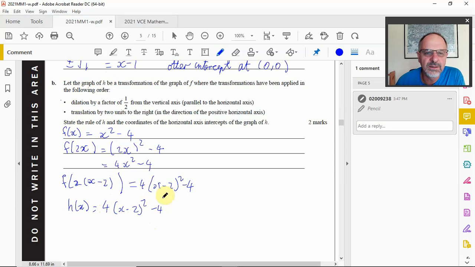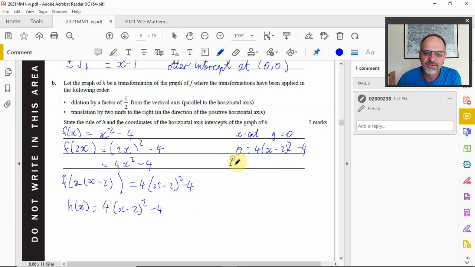All right, so then what does it say? State the rule of h. There's h, I've stated my rule, and the coordinates of the horizontal axis intercepts. So the horizontal axis intercepts, that's the x-intercepts. So y equals 0. So 0 equals 4(x take 2) squared, take 4.